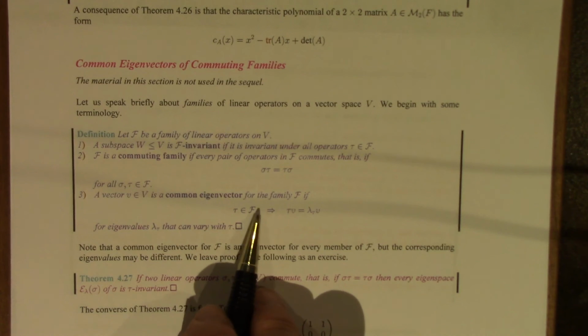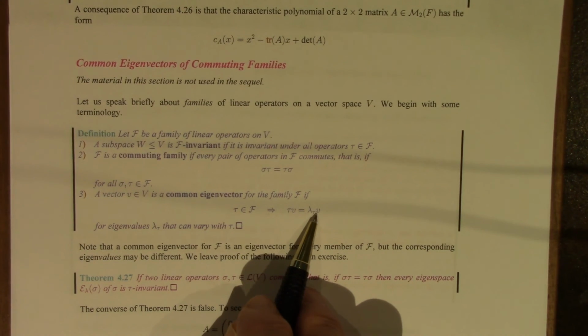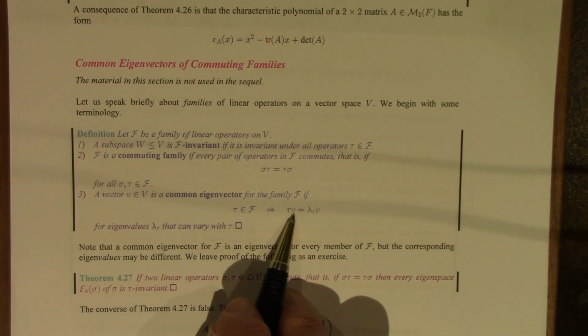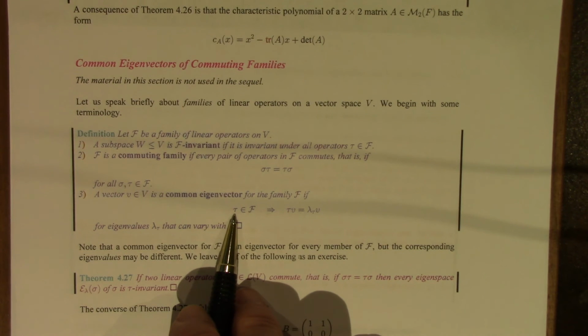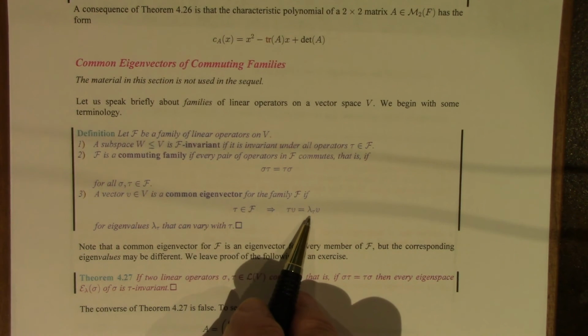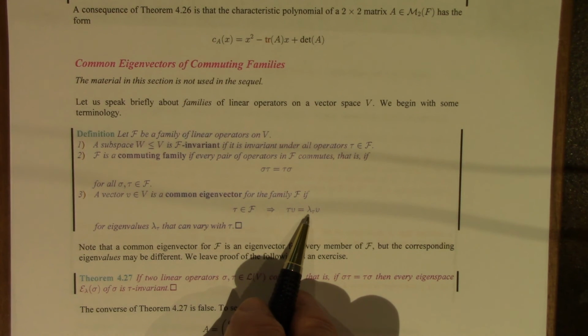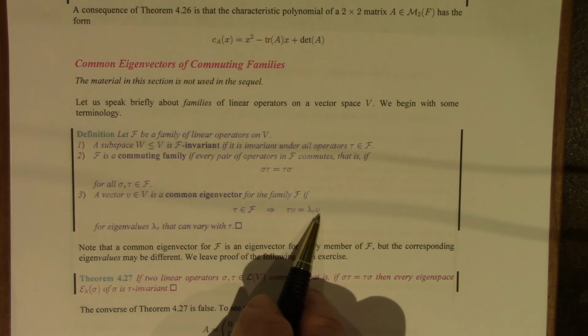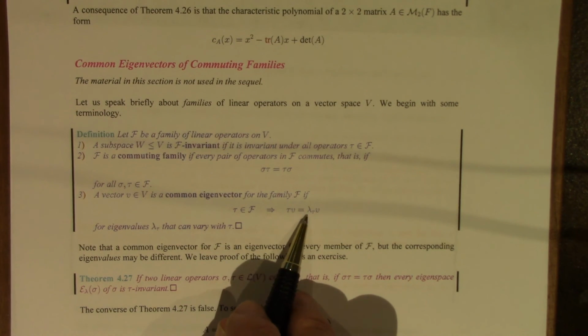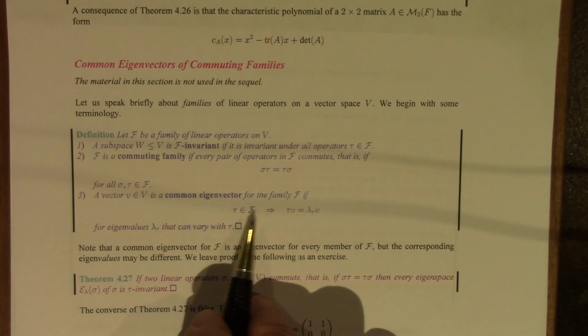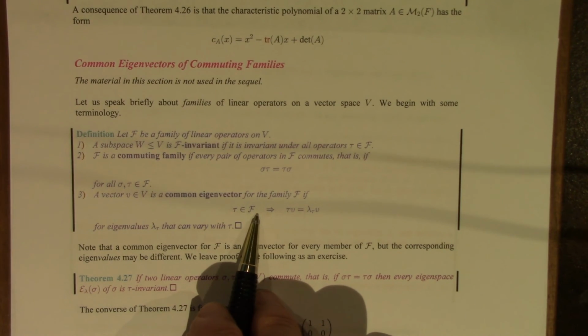So it's V that we're concentrating on here. It's the same V for every operator, but the lambda, the eigenvalue, may change. So this is a common eigenvector, but it may be associated to different eigenvalues depending on the choice of operator.